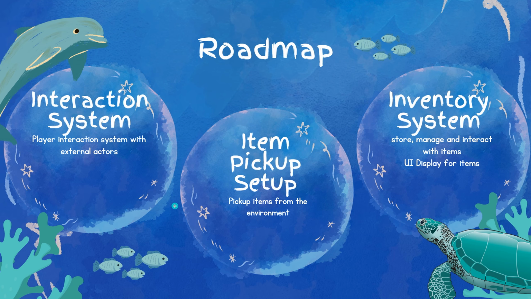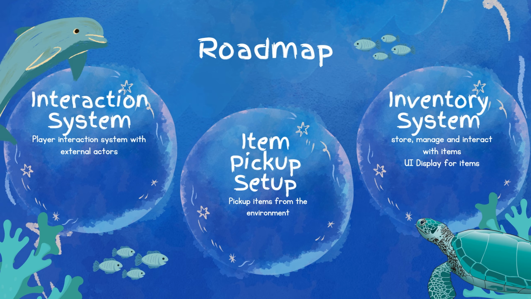And then let's create the item pickup setup. As a survival tutorial series, we have to pick up some items. For example, we have to pick up some wood sticks, and we have to pick up some stones to make fire, and we have to pick up some fruits from trees to eat.